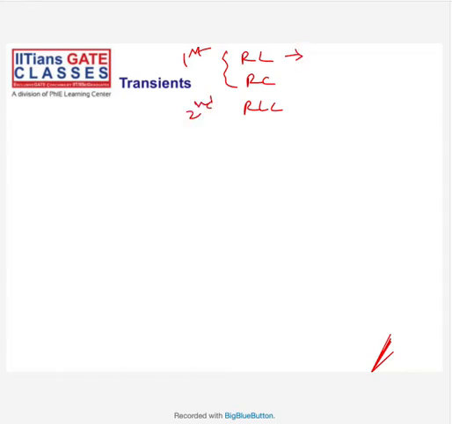In RL and RC, again, you have seen two types: source free, and with source, or step response. Step response of RL and RC circuits. This is what we have seen, right? Remember?